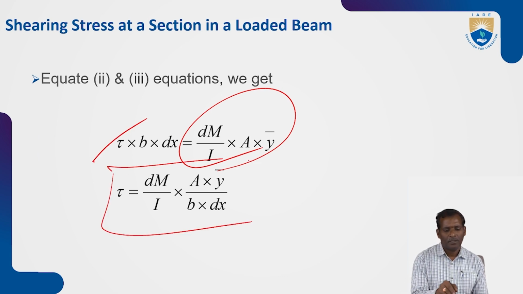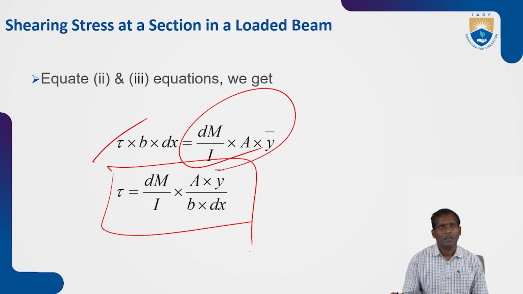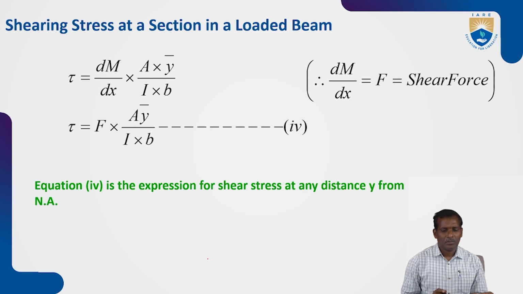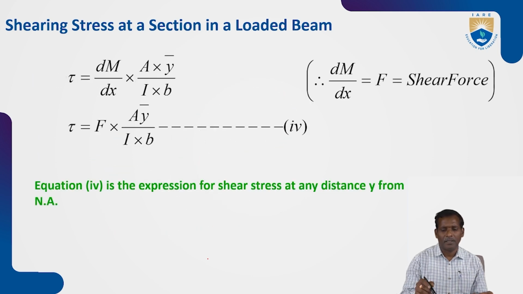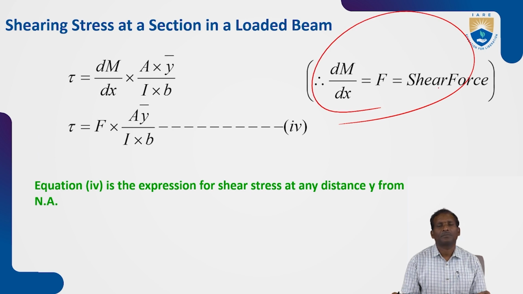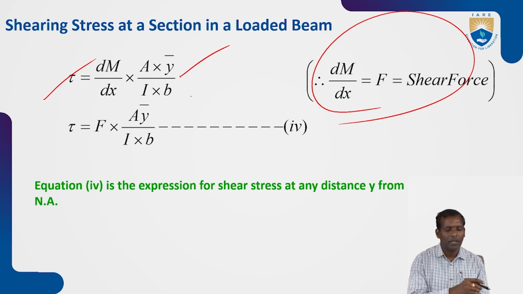So you will get shear stress tau equal to dM by dx into A into y bar by I into b.